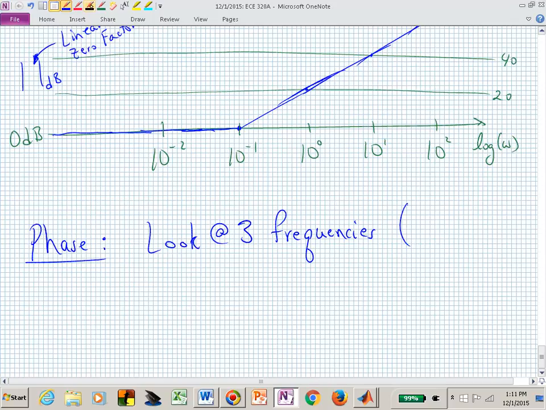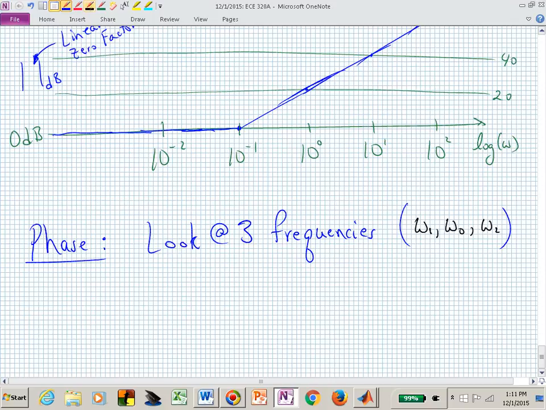And I will label these 3 frequencies as omega 1, omega 0 and omega 2. Don't ask me why I'm labeling this way. I frustrated my first grade teacher or kindergarten teacher. 1, 0, 2, 3. All right, omega sub 1.